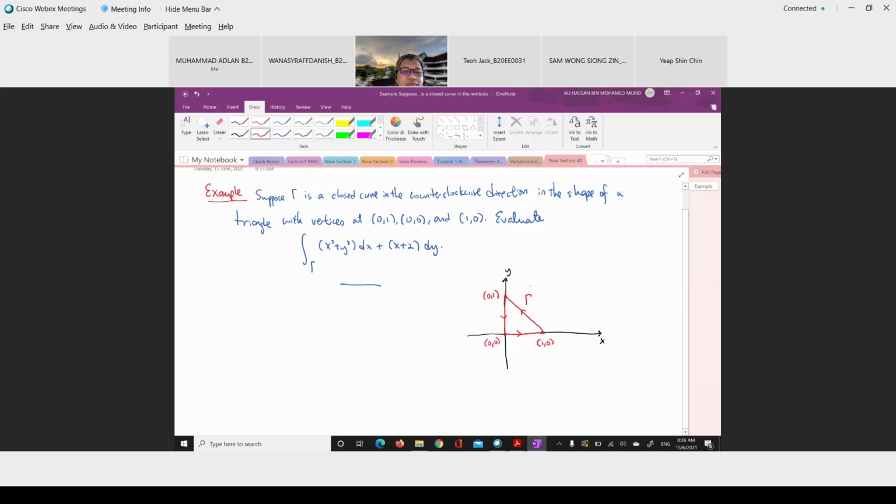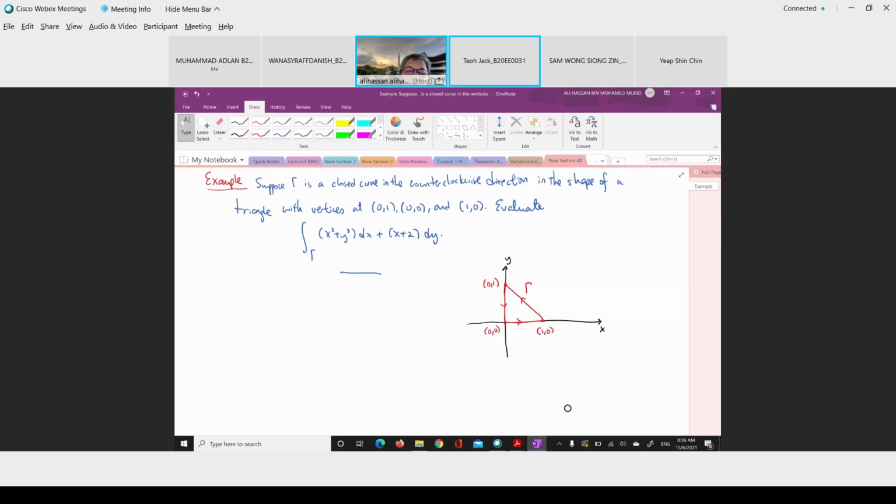Let's look at what are the methods that we have used for evaluation of these integrals. We have the old method, the fundamental theorem of line integral method, and then Green's theorem. Let's consider the old method, which is the parametrization method. Suppose I want to solve it using the parametrization method.